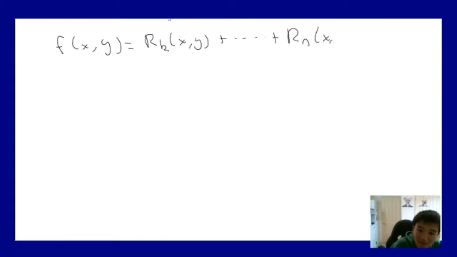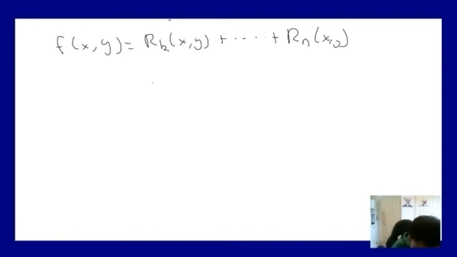I'm going to do this probably in 2 variables since it's easier, but you can generalize this. So let's take our curve to be some f(x, y), and write each monomial out, though actually I'm going to group all the monomials of the same degree together. So if we let f(x, y) be a polynomial such that f = r_k(x, y) + ... + r_n(x, y).